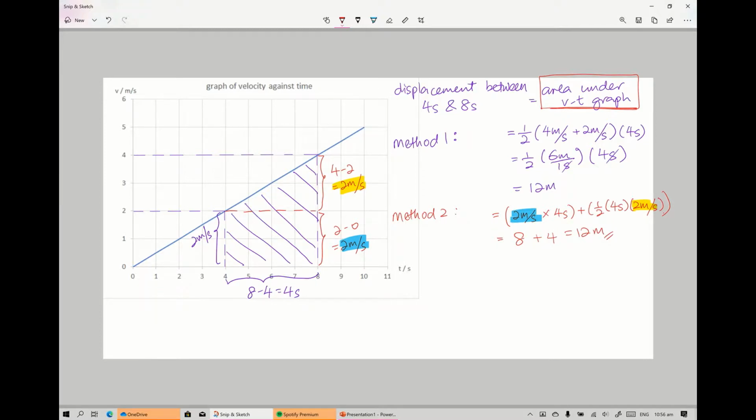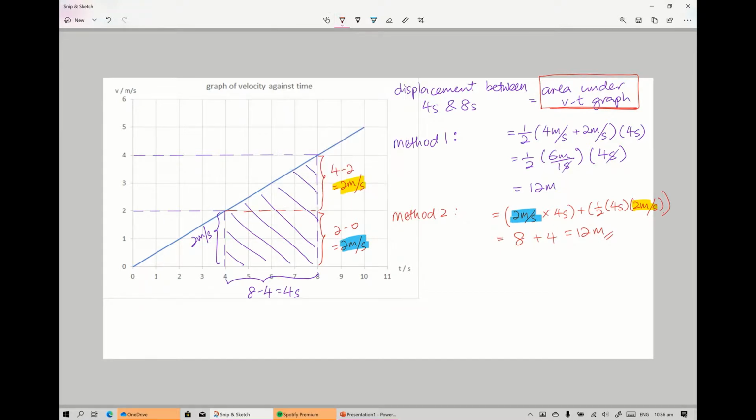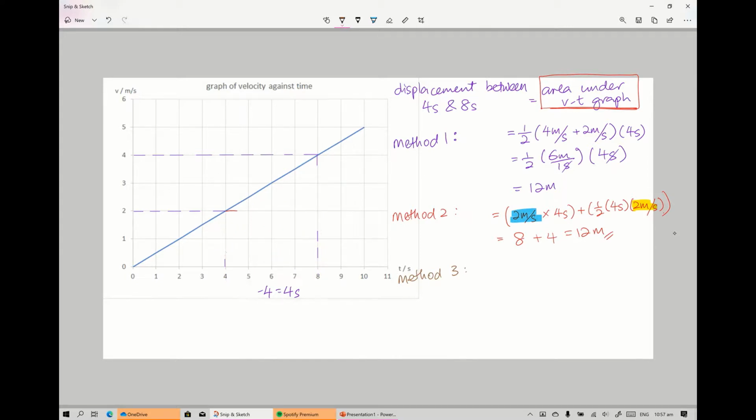I'm going to show you another method. Method 3, that should be the final one. In order to show you that method, I need to erase everything else because the graph is getting too congested. By now you should more or less get the idea, so I'm not going to use the digital ruler.